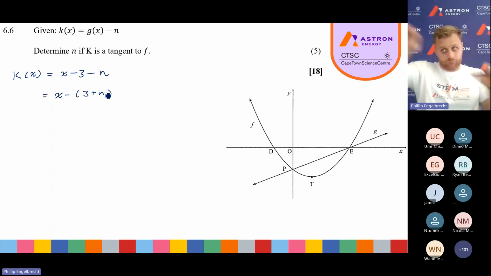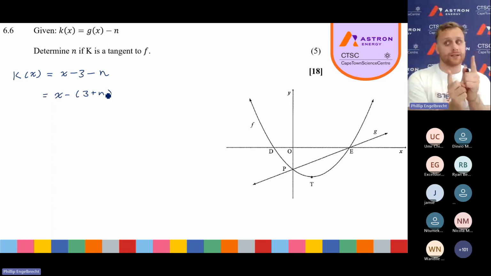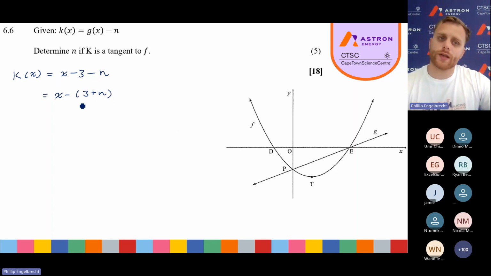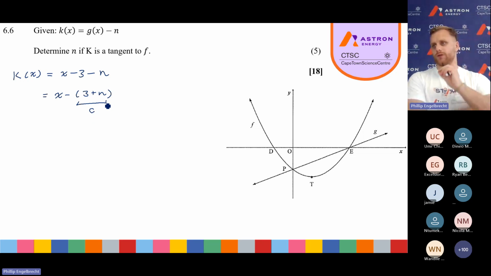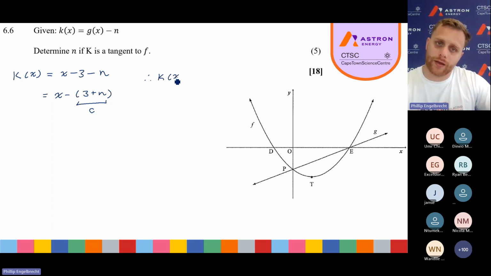So I know that this is firstly a straight line, and n is obviously some number that I've subtracted from g of x to get k of x. So we can all agree that this is the c value of our straight line graph. So therefore k of x is equal to x minus c, where c is equal to 3 plus n.